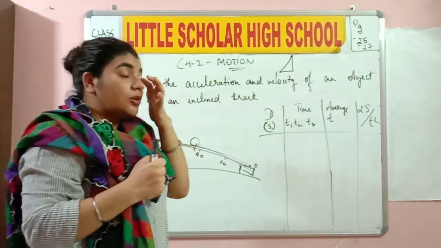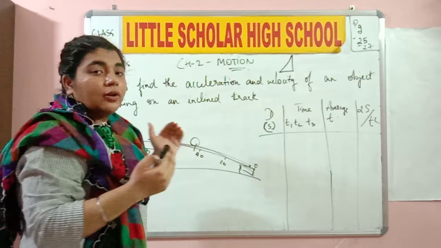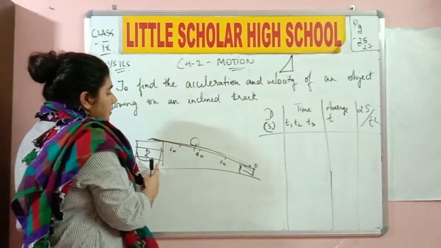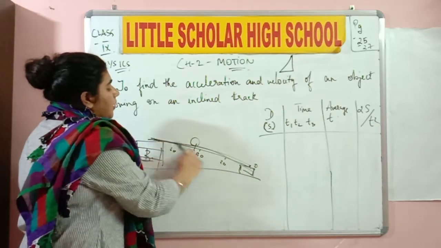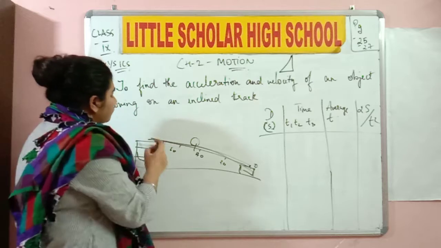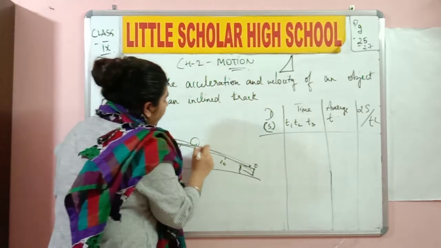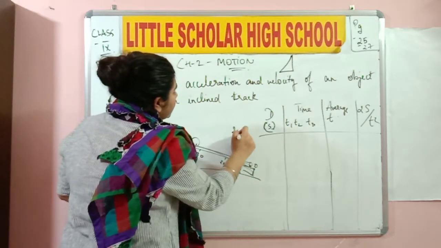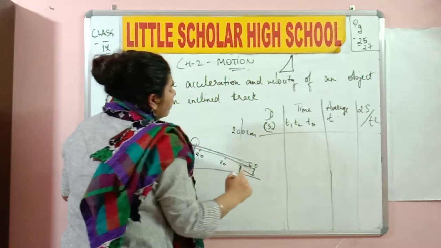Do you understand? So here you are going to build your own inclined plane with the help of some books, a steel plate and some plastic tubes. The length of the plastic tubes was 200 centimeters, and you're going to cut it into half.